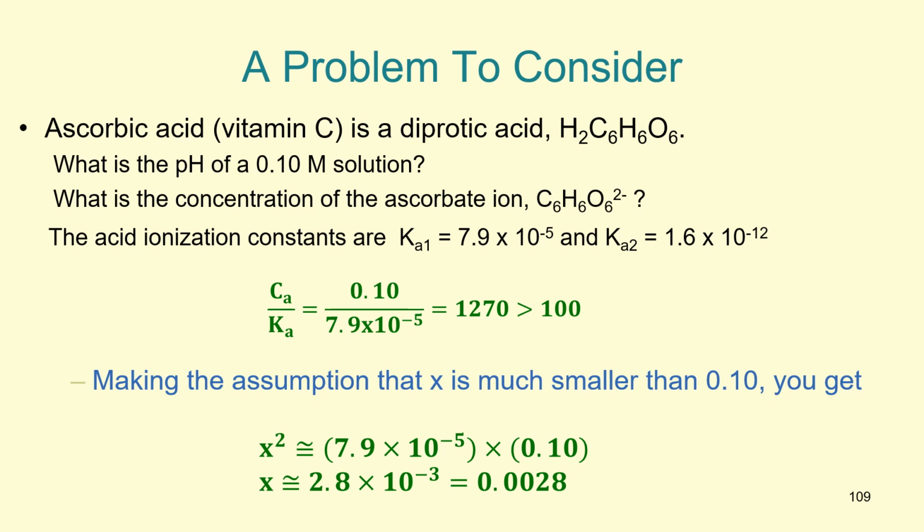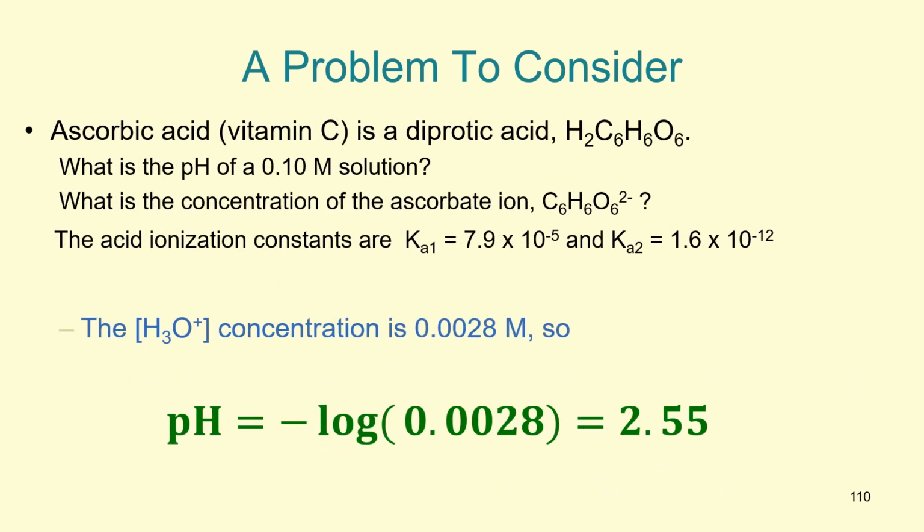So remember, what is that? That's equal to the H3O plus, and it's also equal to the HAsc, the concentration of ascorbic acid after it's lost one H. Okay, we can figure out the pH at this point, just to see what the difference is.